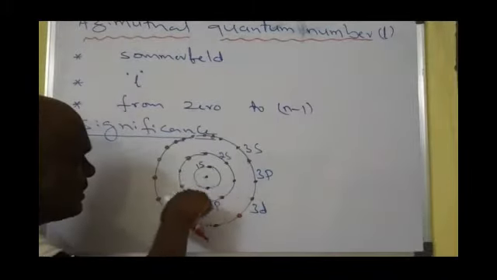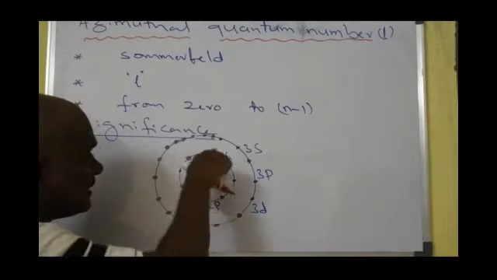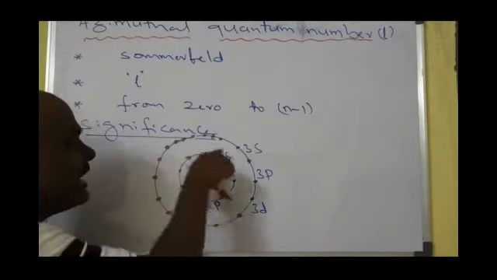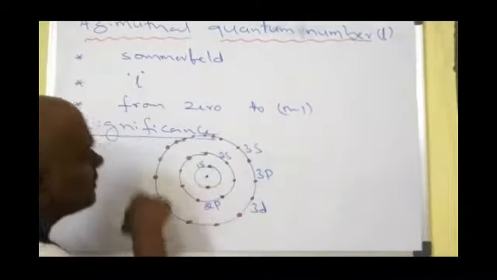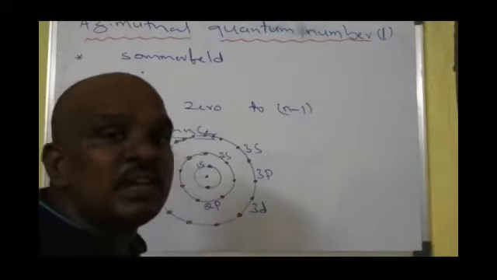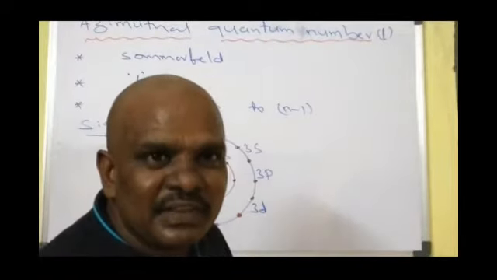So in the first orbit, only 2 electrons. In the second orbit, 8 electrons. In the third orbit, 18 electrons. This is said to be the spatial distribution of an electron cloud.